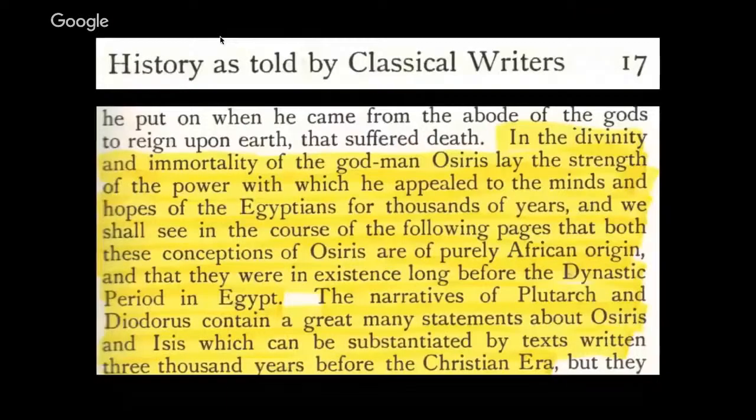And it says right here, in the divinity and immortality of the God-man Osiris lay the strength of the power by which he appealed to the minds and hopes of the Egyptians for thousands of years. We shall see in the course of the following pages that both those conceptions of Osiris are of purely African origin and that they were in existence long before the dynastic period. Okay? Showing you that.